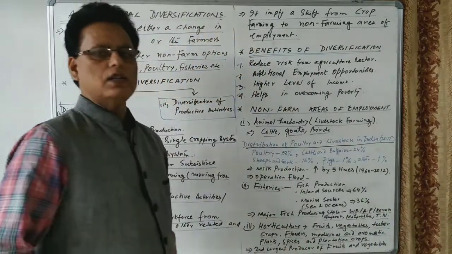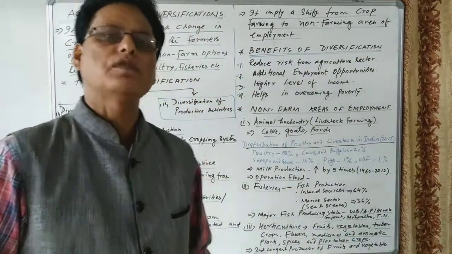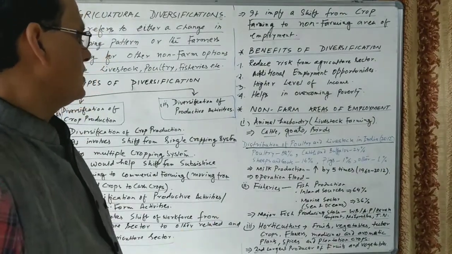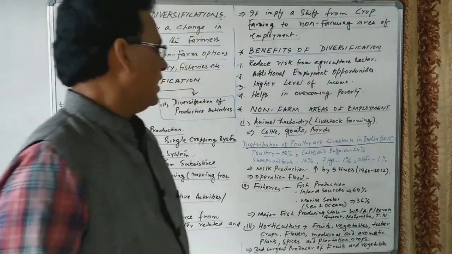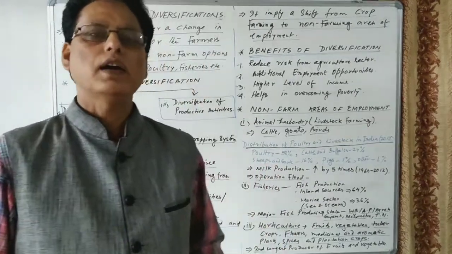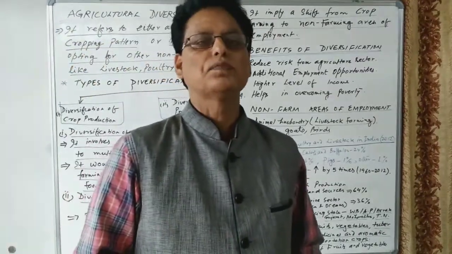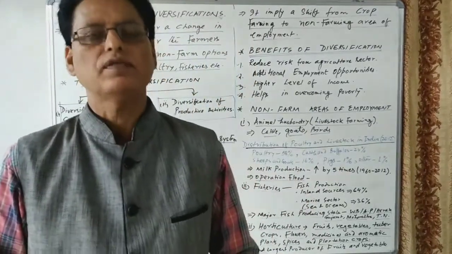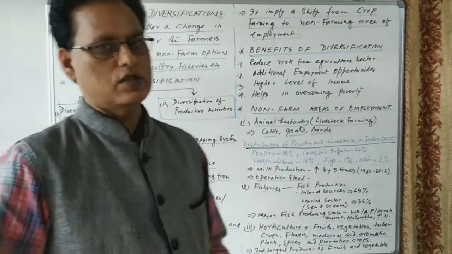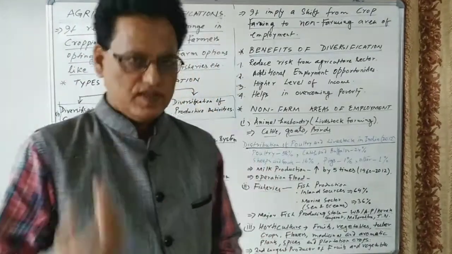These are the major producing states of fishes in our country. These states have coastal areas, and that is why that area is useful for the production of fishes according to the climate. But other states also produce fishes.